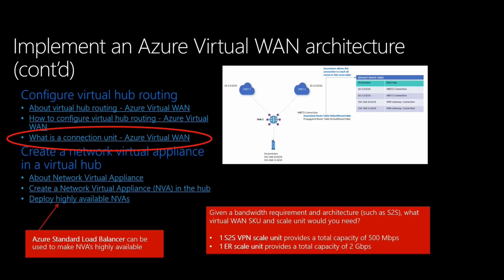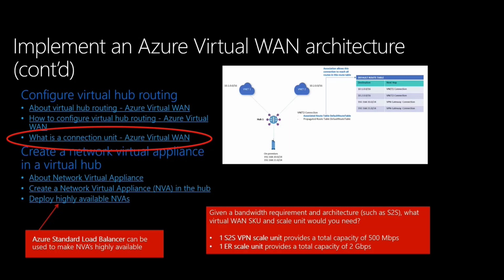So one site-to-site VPN scale unit, as an example, provides a total capacity of 500 megabits per second. One ExpressRoute scale unit provides a total capacity of 2 gigabits per second, right? So each of those scale units factors into the cost that you're going to be responsible for your WAN.